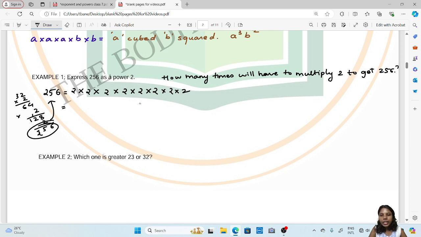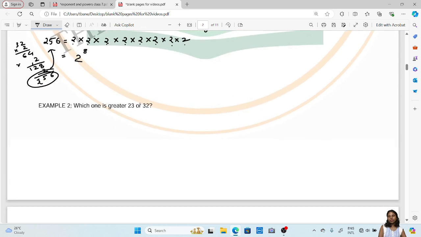Now how many times have we multiplied 2? 1, 2, 3, 4, 5, 6, 7, 8. So we have multiplied 2 eight times. So our base is 2 and the exponent, or the power to which we have raised it, is 8. So 256 can also be written as 2 raised to 8, or 2 to the power of 8.